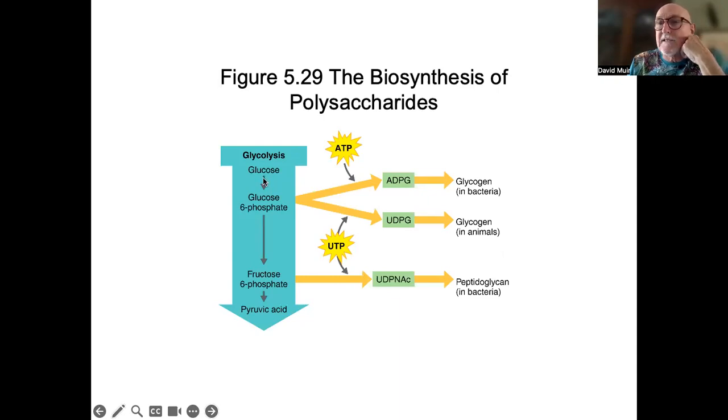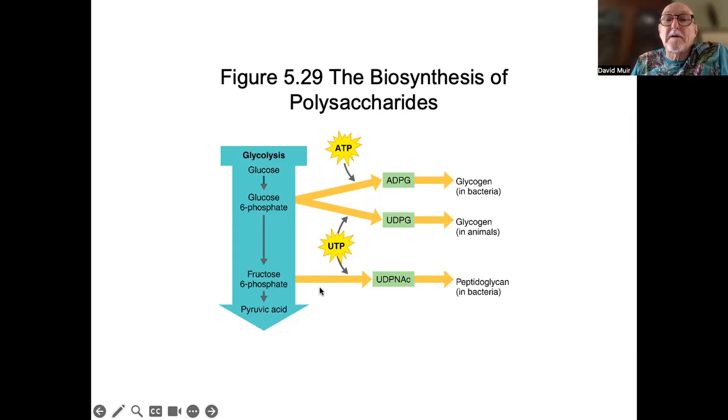From glycolysis itself, some of these intermediates can be moved out to form, for example, glycogen. This is an anabolic process, so it requires an input of energy in the form of ATP. And glycogen, remember, is a very large molecule, synthesized by joining glucose molecules together. In order to do it, glucose 6-phosphate is used, which is an intermediate of glycolysis.